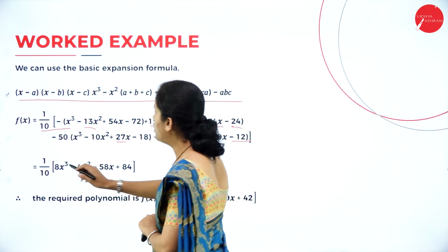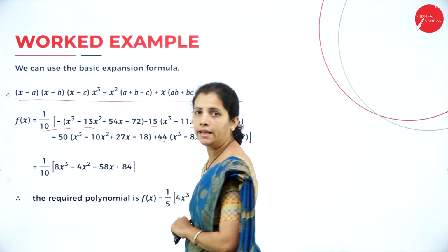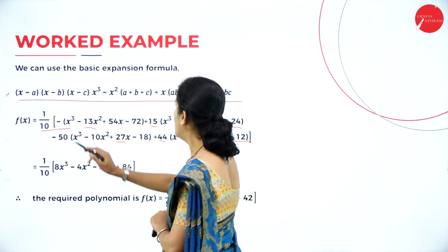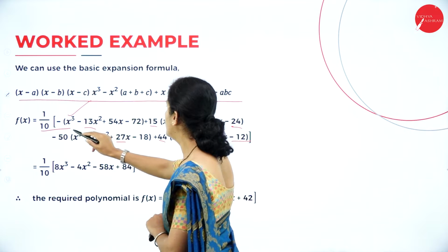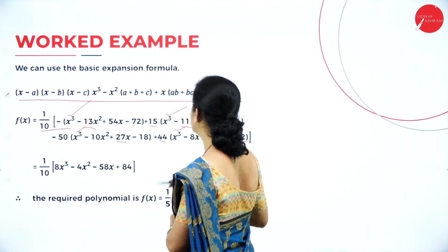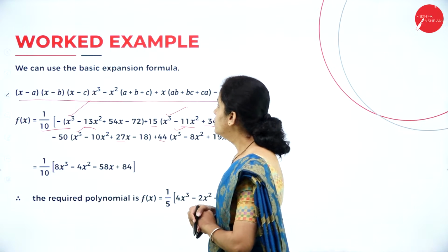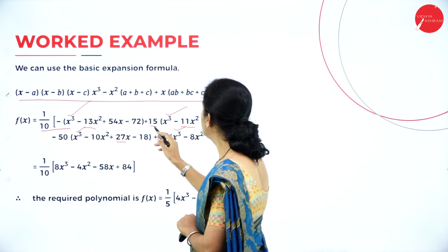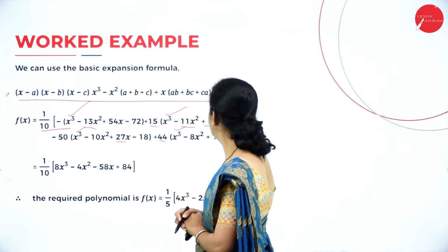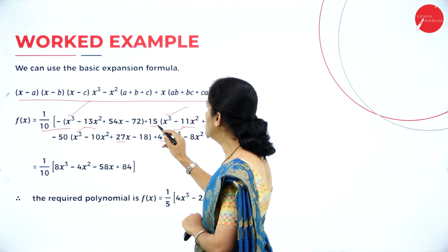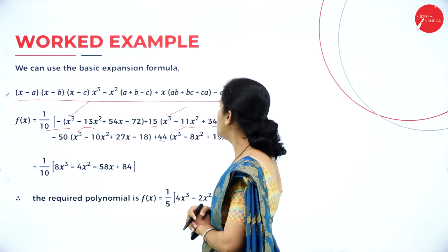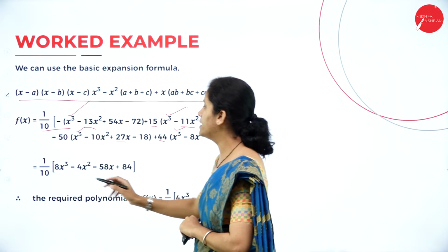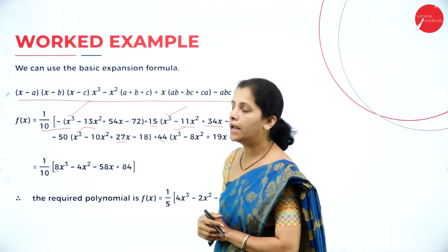Now, what is common here? That is 1 by 10. Okay, now see here. I have x cube, x cube, x cube and x cube. Okay, so here it is 15x cube minus 50x cube plus 44x cube. I'll get the answer 8x square.